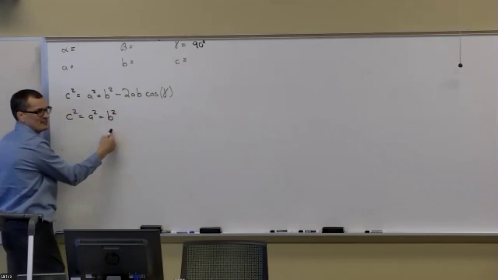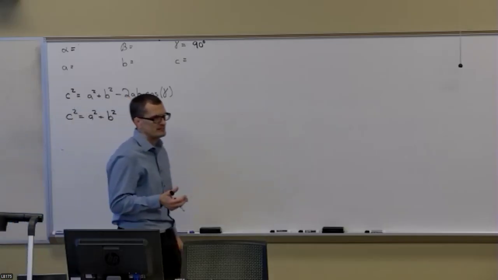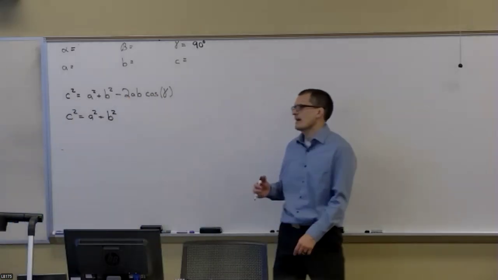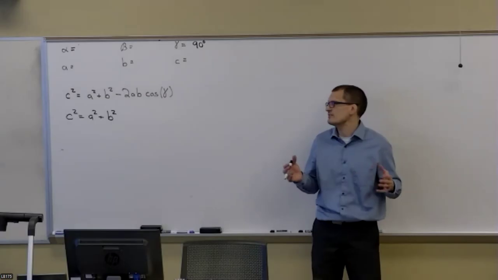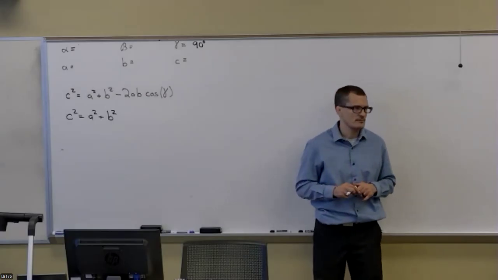Yeah, this turns that into the Pythagorean theorem. In fact, some people say the Pythagorean theorem comes from law of cosines with gamma is 90 degrees. So the law of cosines is just the shifted version of the Pythagorean theorem.